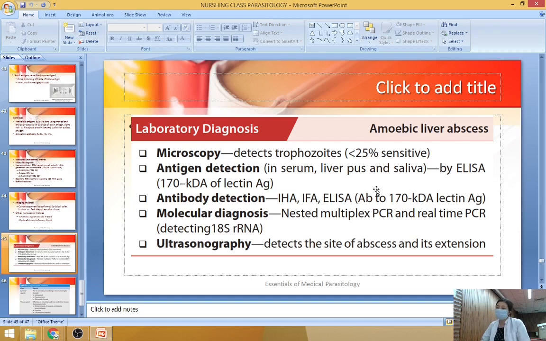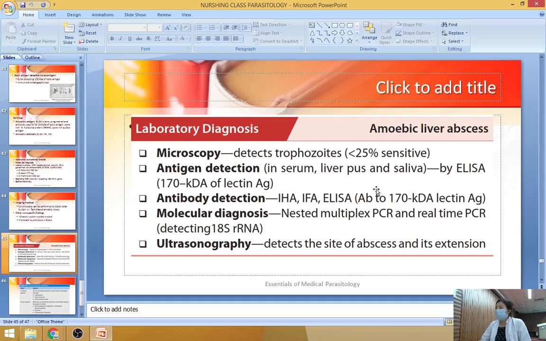You can't just directly say the patient has an amoebic liver abscess, because you might get confused with appendicitis also, as the appendix is also in the right side of the abdomen. So first of all, you have to make sure whether this is an amoebic liver abscess or appendicitis.